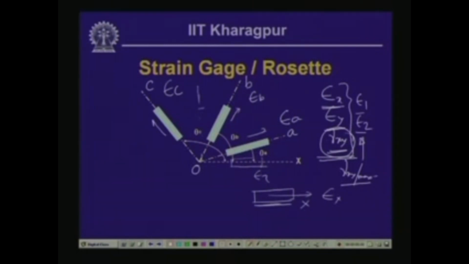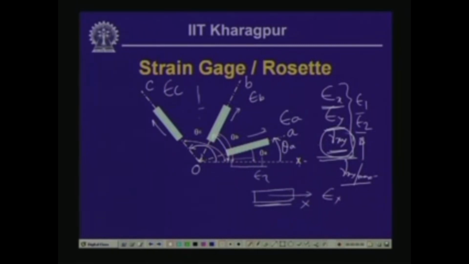Now, let us assume that the direction OA is oriented at an angle of theta A with reference to the x axis, and likewise OB is oriented at an angle of theta B with reference to the x axis, and OC is oriented at an angle of theta C with reference to the x axis.